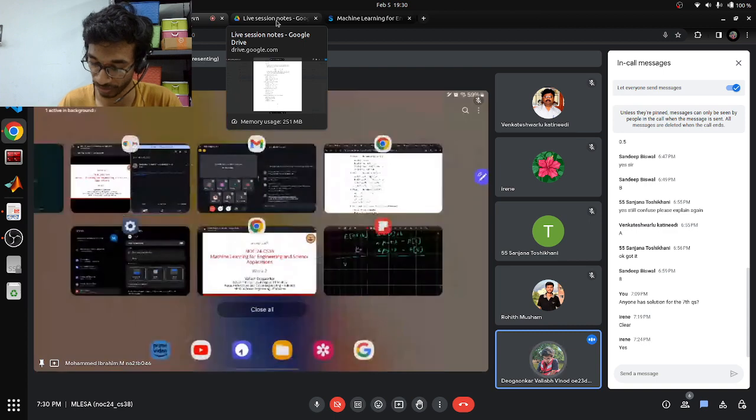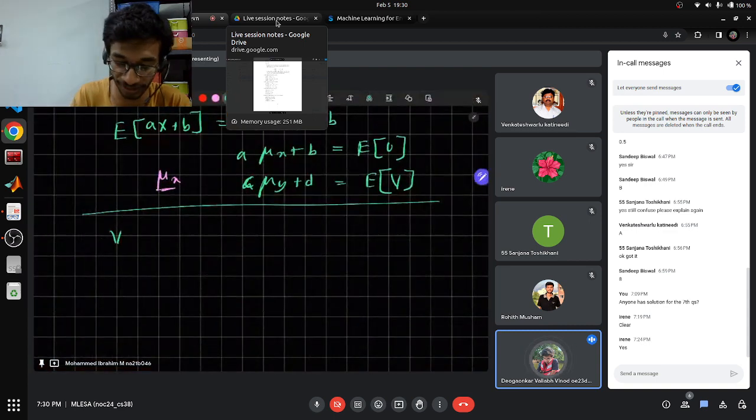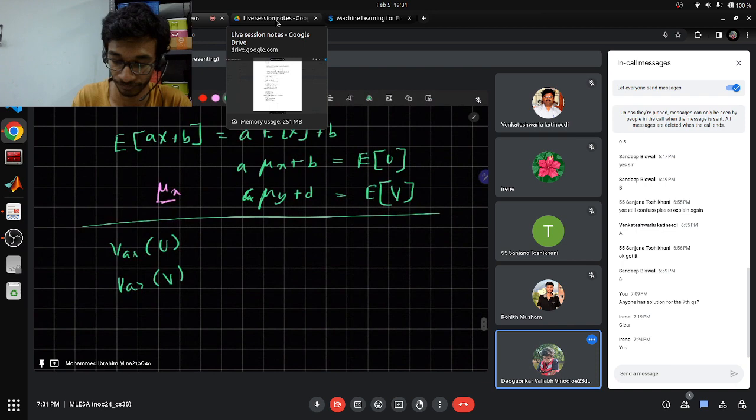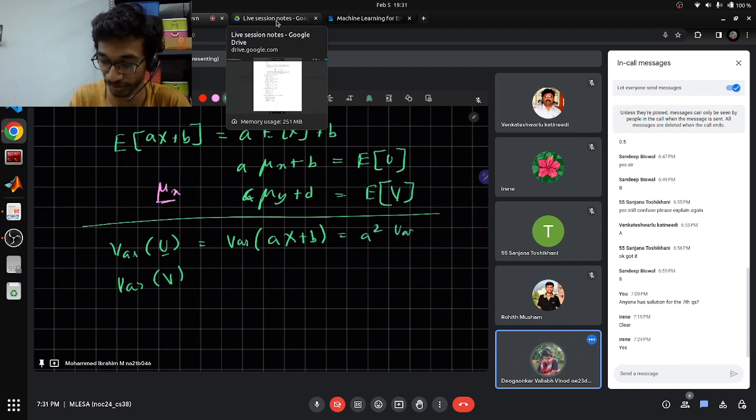So this also comes directly from the rules. u was ax plus b, so you are trying to calculate the variance of ax plus b, which just becomes a square times the variance of x.